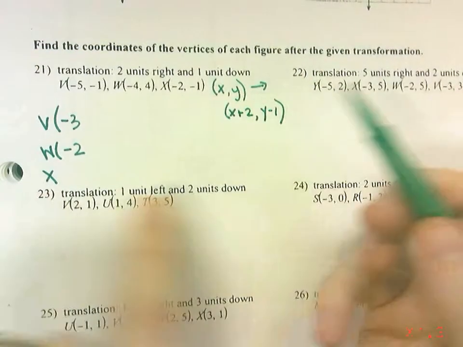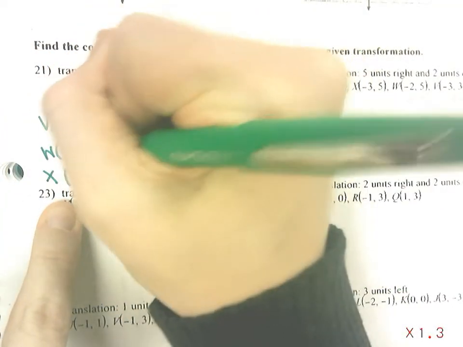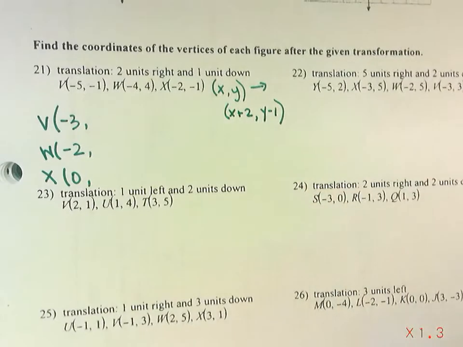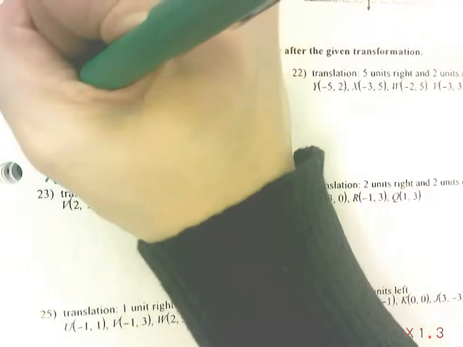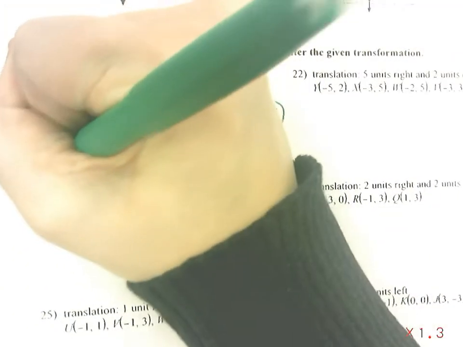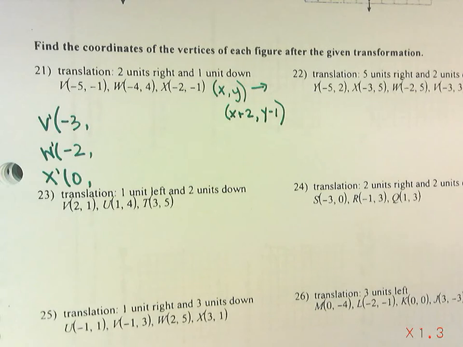And on my x coordinate, -2 plus 2 is 0. So using the rule or the equation that you wrote, you can find the new vertices without having to draw a picture. And don't forget, these are prime. We better mark those. So v prime, w prime, and x prime.